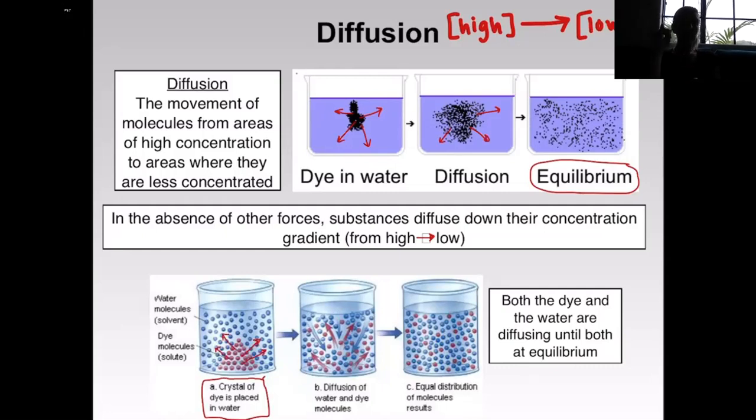However, at the same time, the water is going to be moving in towards the dye, from high concentration of water to low concentration of water. So both of them are diffusing at the same time, and that keeps going until you have an equilibrium, or an equal distribution of molecules.